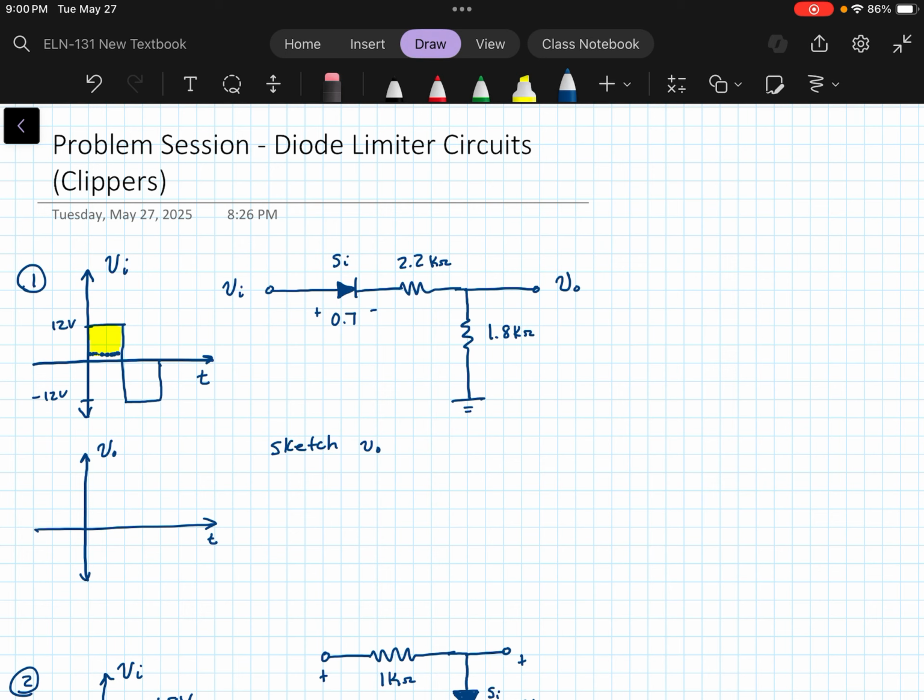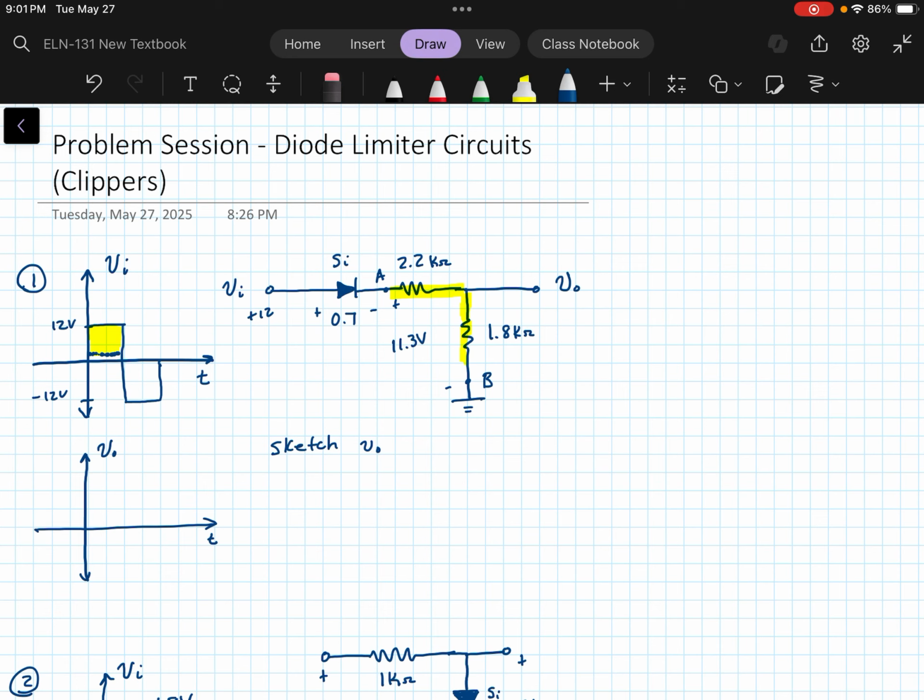And since it's a square wave, it's going to be 12 volts there consistently until it changes direction. So if it's a positive 12 volts here, and we drop 0.7, that's going to leave the 11.3 volts across from this point A to ground, which I'm going to mark at B. So what we have essentially is a voltage divider between the 2.2K and the 1.8K resistor.